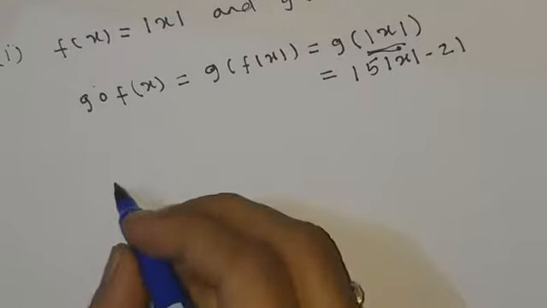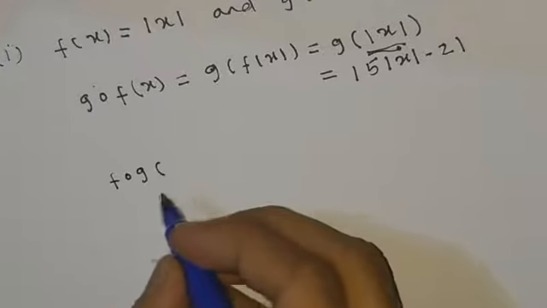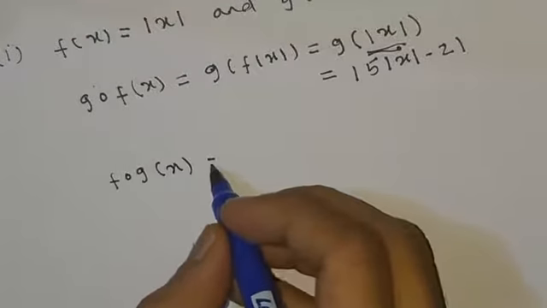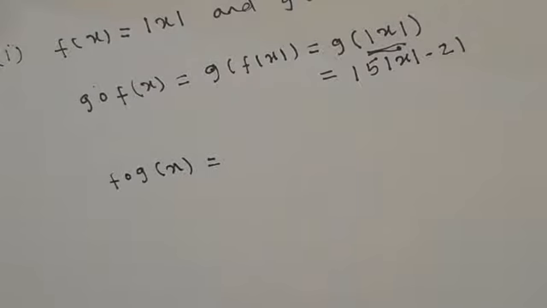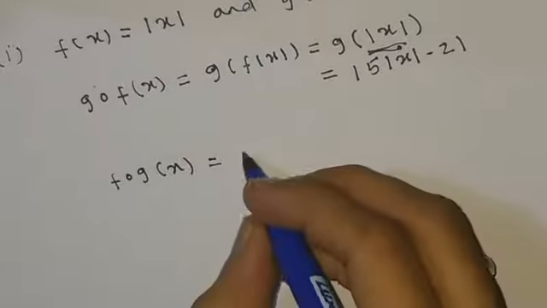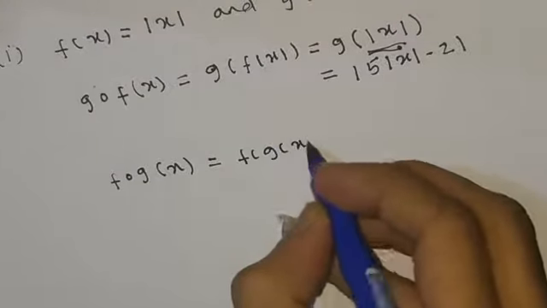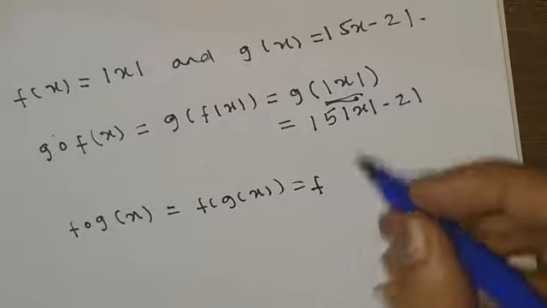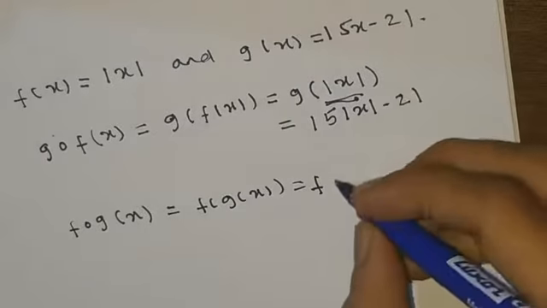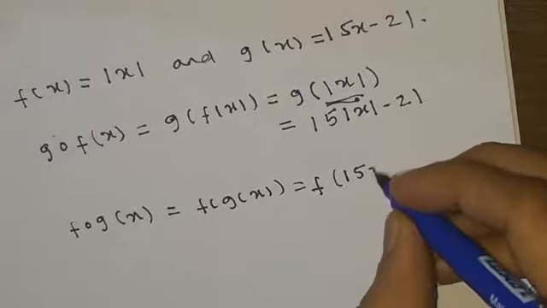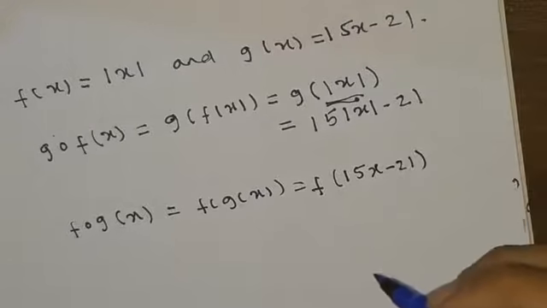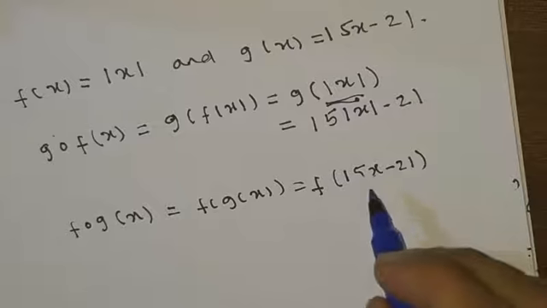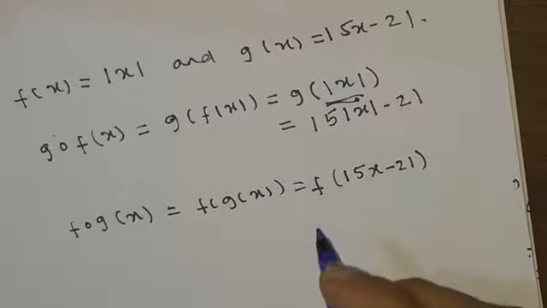Now let us find the function f composition g. Now here you have to take one x in the domain of f and g. Okay. So f composition g of x will be equal to f of g of x. Now this will be equal to f of g of x, which is given as modulus of 5x minus 2. Okay. So f of modulus of 5x minus 2 we have to find.